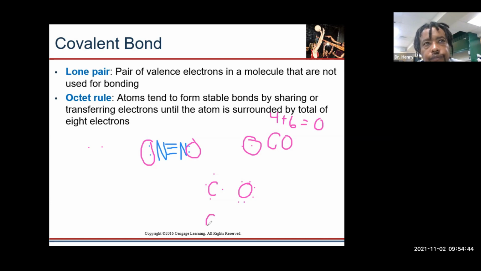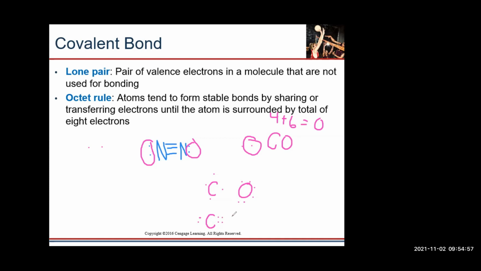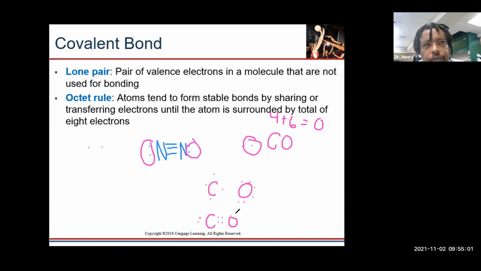So let's say we pull these together, do this. So then that gives me my 4, and we'll take 2 from here. Okay, so right now this guy has 2, 4, 6, 8, 10, so that's a total of 10 electrons.